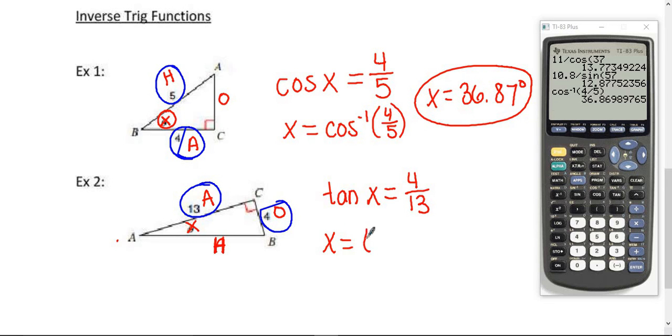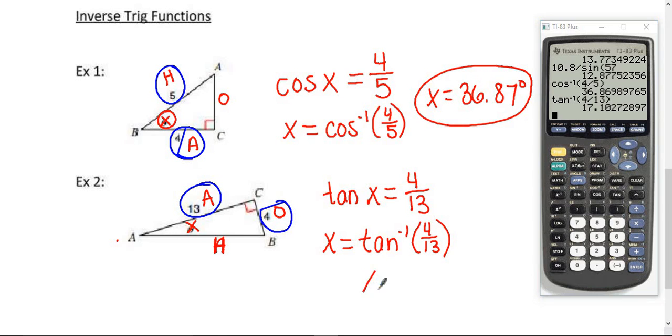So to solve for x, I'll have to use the tangent inverse of 4/13. So second tangent of 4 divided by 13, and I get x equals 17.10, rounding to the hundredths place. Oh, and that's in degrees. All right, so go ahead and bring this in, filled into class, and we'll do lots of examples with this.